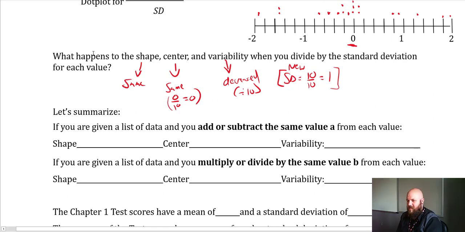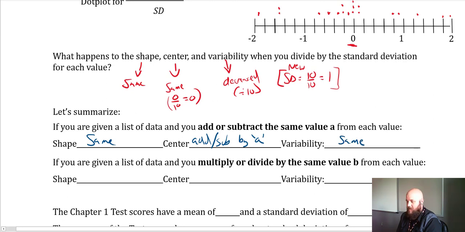So let's summarize this and think about it for a second. So if we've got this going on right here, we've got add or subtract, shapes stay the same. For the center, it went up or down by whatever value that we add or subtract here, right? So add or subtract by, we'll call it a value. The variability was the same from when we added or subtracted, right?